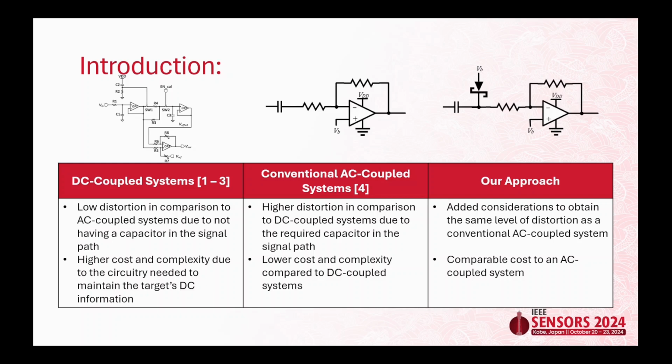To address this issue, we've proposed adding in this fast start circuit denoted by this diode, which allows us to have the same simplicity in circuit layout and components as a regular AC coupled circuit, while allowing for a wider range of capacitor values to lower the cutoff frequency and lower the start time from the order of minutes in the case of a microfarad and megaohm resistance system to the order of seconds.